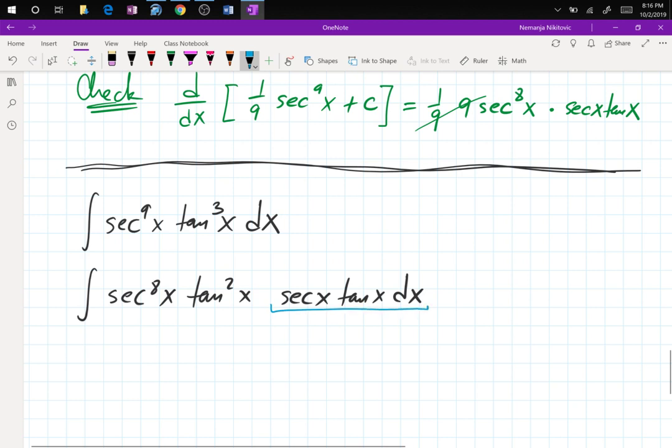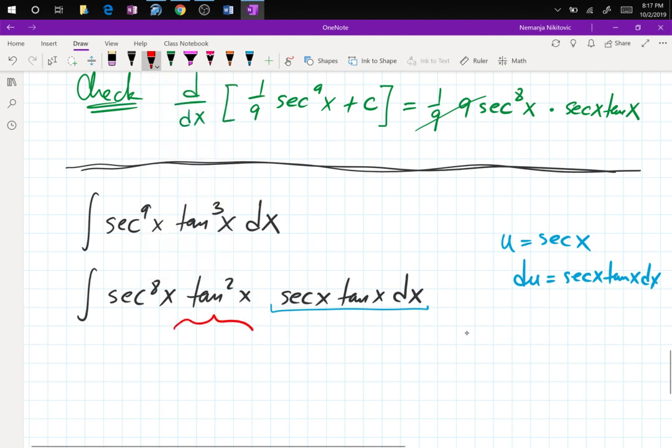Because I'm leaving this for du, I know that u has to be secant x, so du is secant x tangent x dx. The issue is that I now have an extra tangent squared, and we are going to deal with that using the Pythagorean identity.